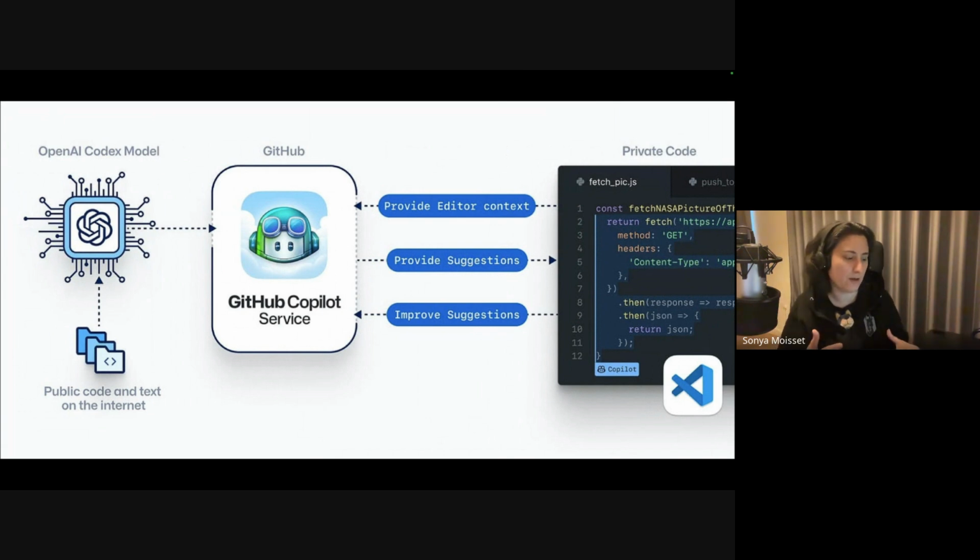It has been trained on a diverse range of coding languages, and it understands and generates code. This is coming from public code and text on the internet, GitHub repositories. So this is dedicated to programming. And through the GitHub Copilot service, you can get suggestions and improvements within your IDE, and I'll demo how it works.